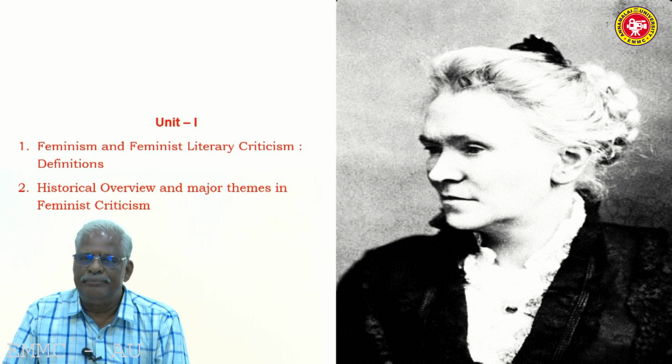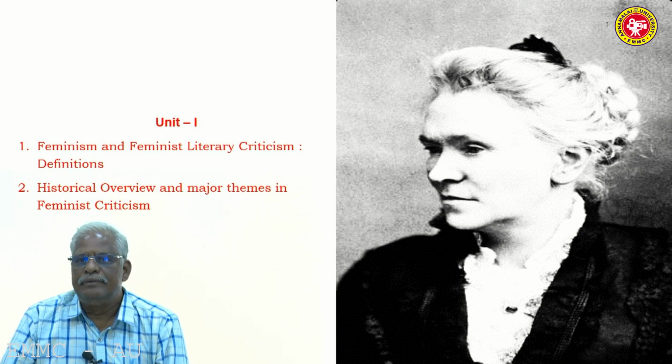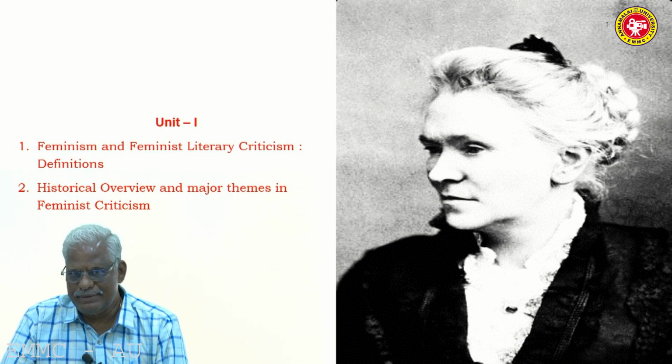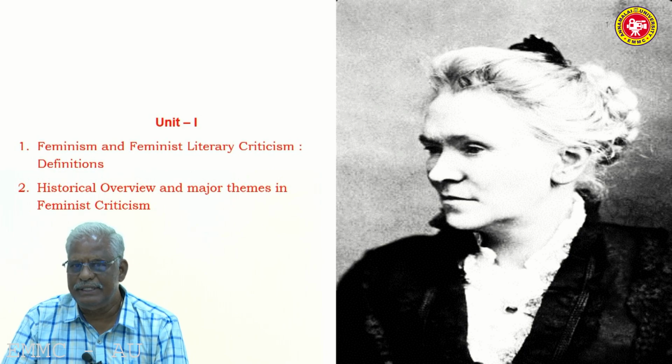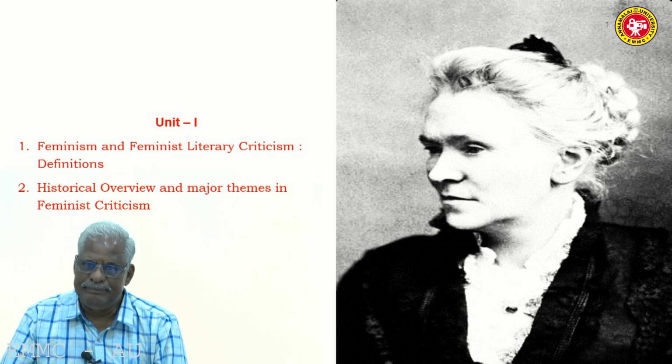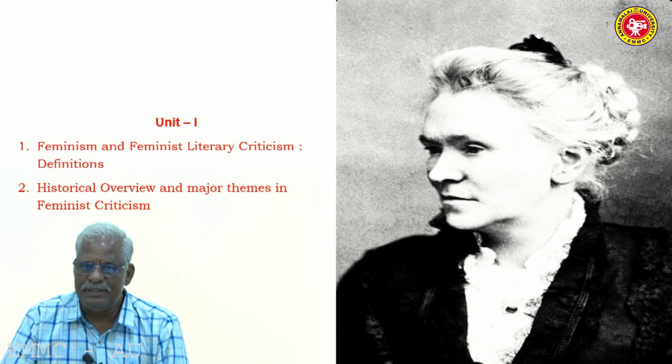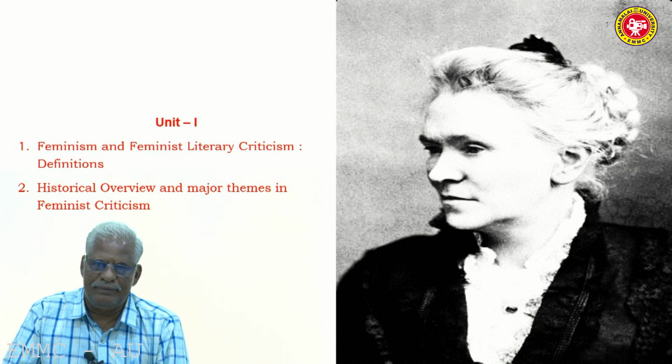So, unit 1 deals with feminism and feminist literary criticism: the definition of feminism, the historical overview of feminism, and major themes in feminist criticism. What is feminism? The answer is not a single idea; it has plurality in meaning. Feminism starts with the liberation of women, equality for women.